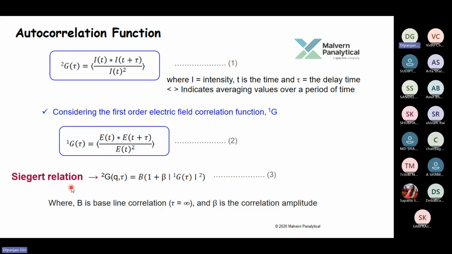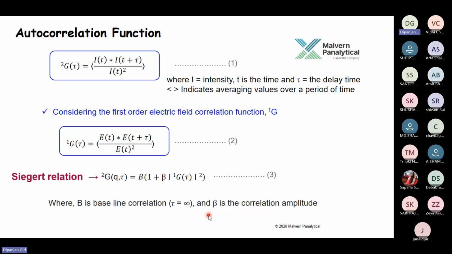This Siegert equation can be written either in the time domain or in the frequency domain, where B is the baseline correction, the correlation at time infinity, and beta is the correlation function amplitude at tau 0, which means beta is the intercept.